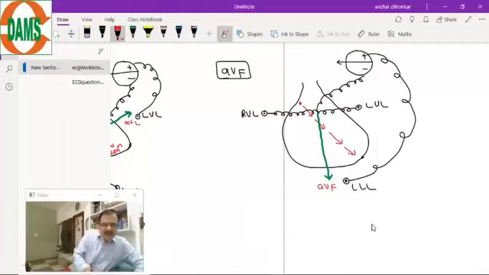So that means AVF is perpendicular to bipolar lead 1.